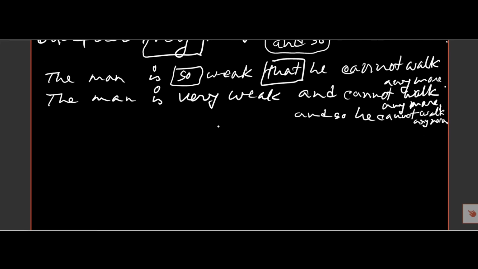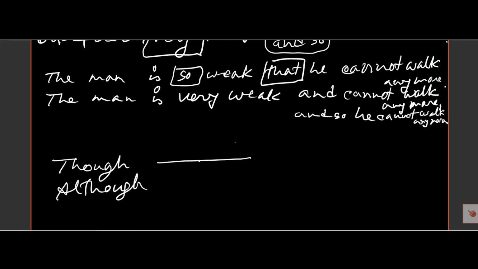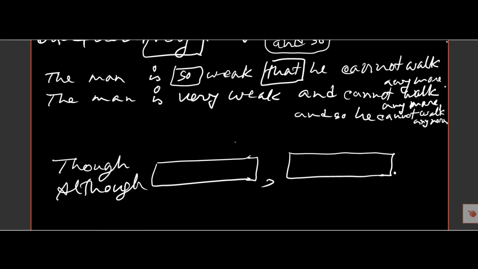Let's see another structure of complex to compound. If the sentence begins with though or although, and there is a conjunction, any one of these, and then a comma and then the other part. This is the structure of a complex sentence.